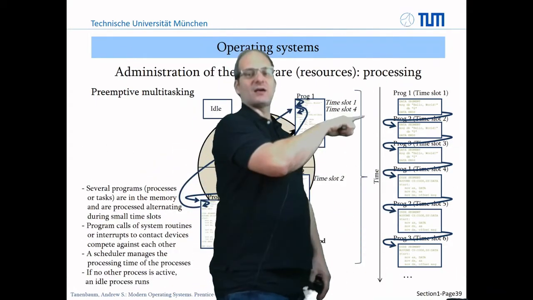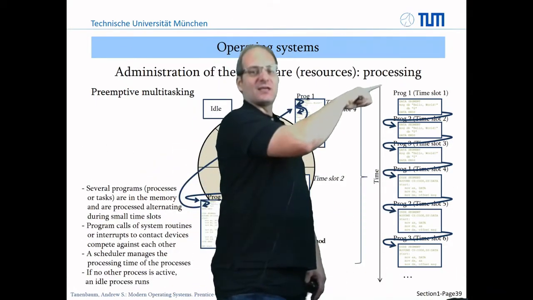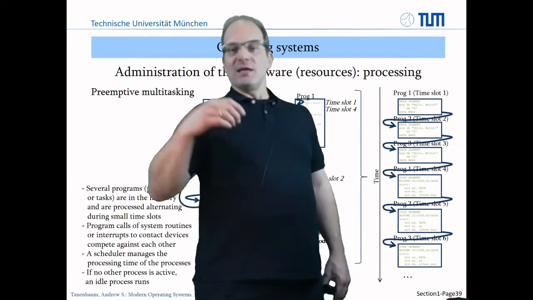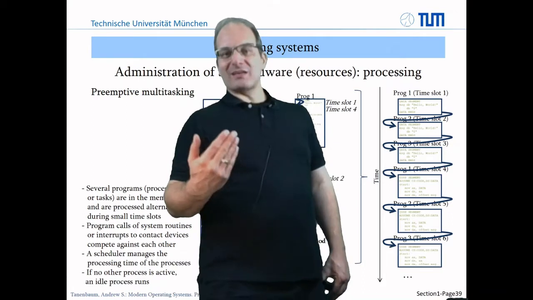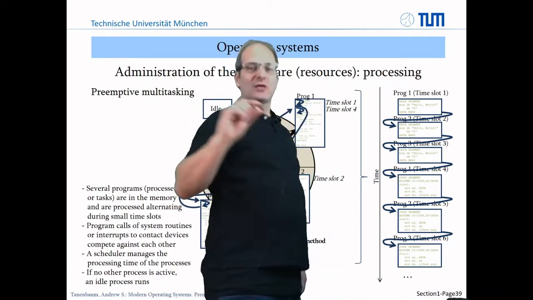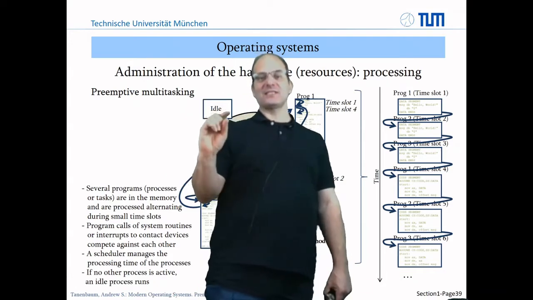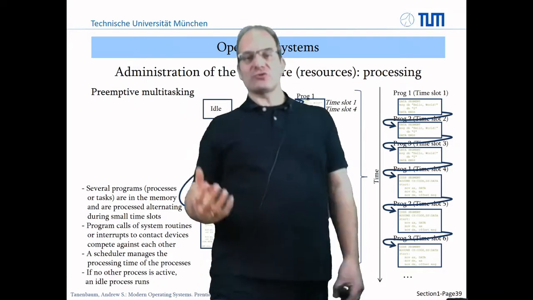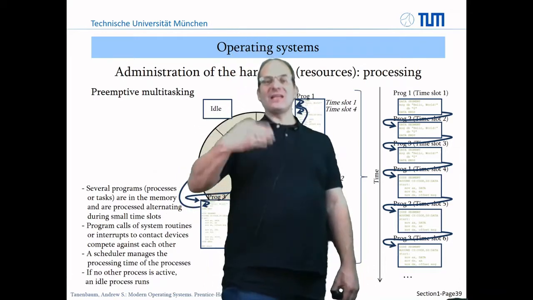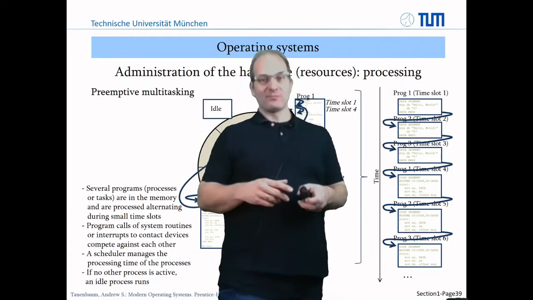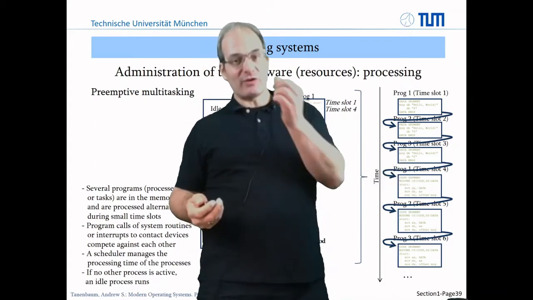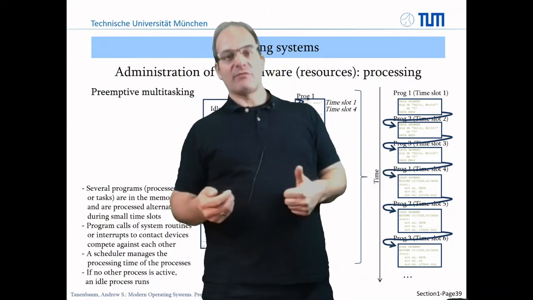But the big advantage is that programs 1, 2, and 3, for example, in this case, are operated almost at the same time. If you cut these pieces into such small time slices that the user does not notice the interrupts anymore, then it looks like you have parallel processing, even if you have just one processor resource.